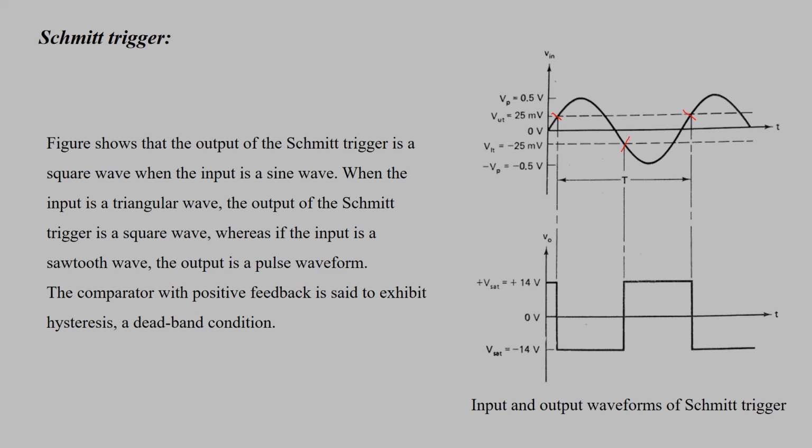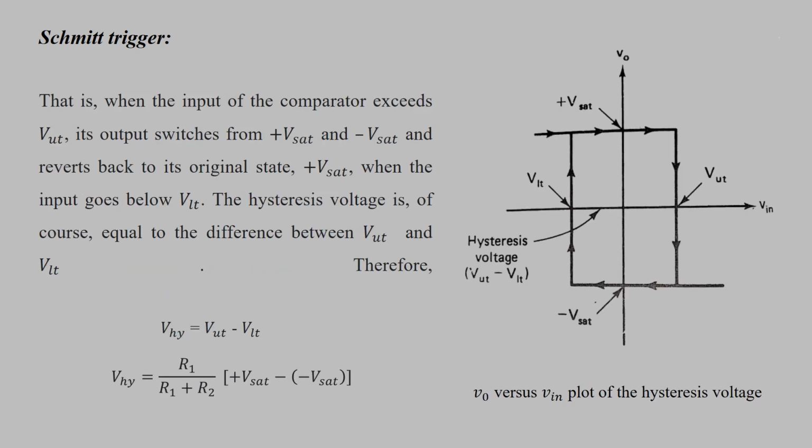The comparator with positive feedback is said to exhibit hysteresis, a dead band condition, because it is not changing. In this plot we can see the x-axis as the input voltage and the y-axis as the output voltage, and this is the plot for hysteresis voltage.